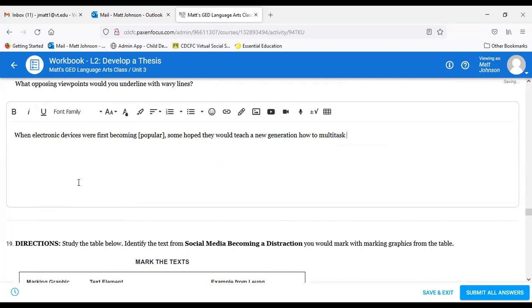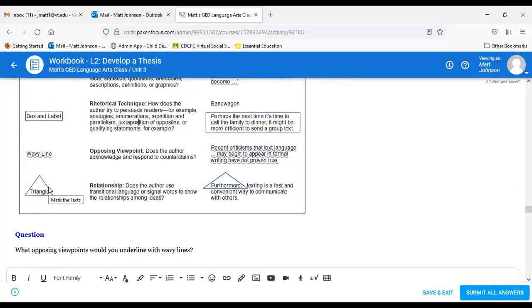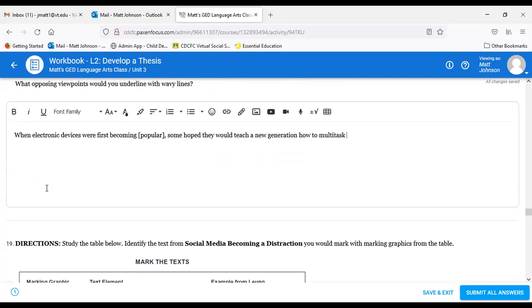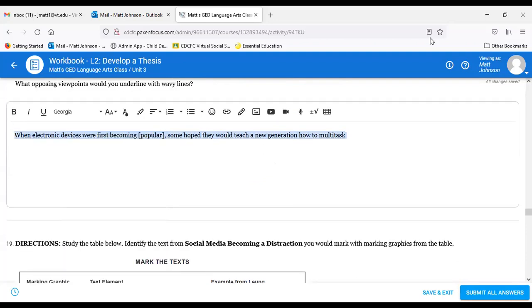Okay, so electronic devices were first becoming popular. That's an opposing viewpoint. Okay, and let's paste that into the chat here as well.